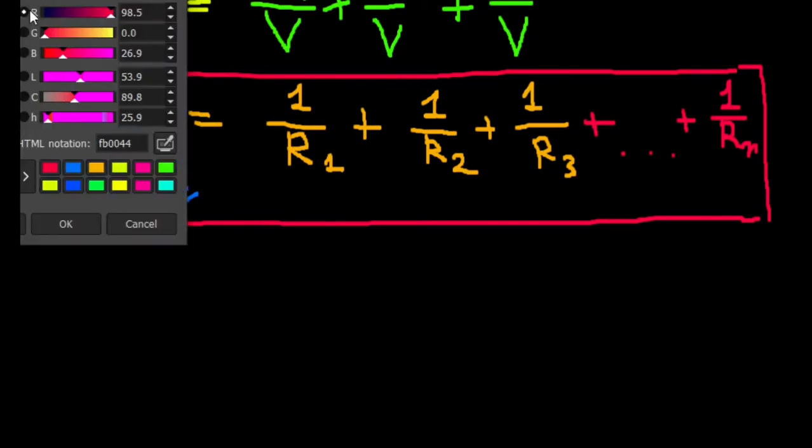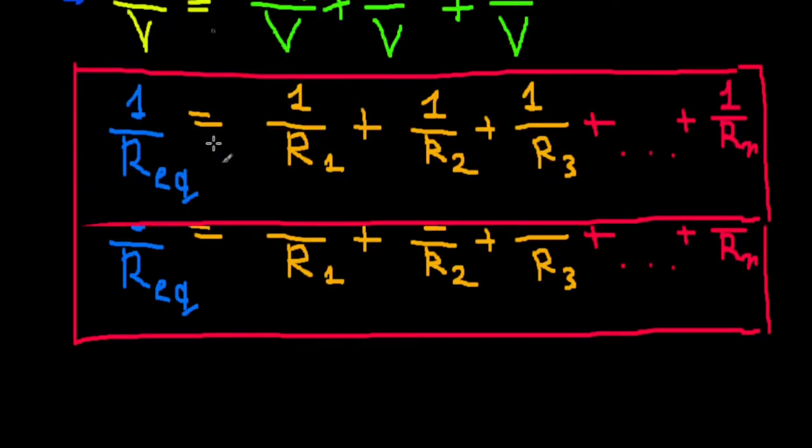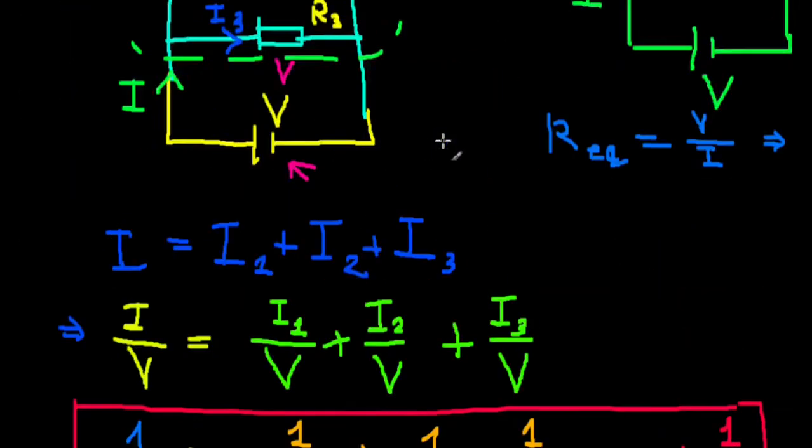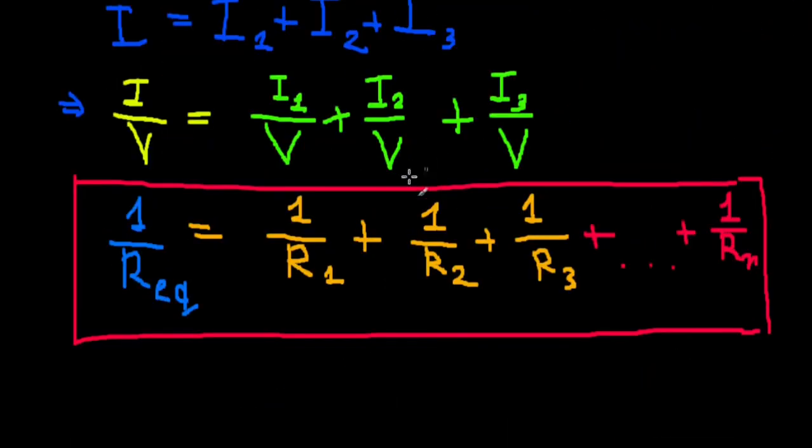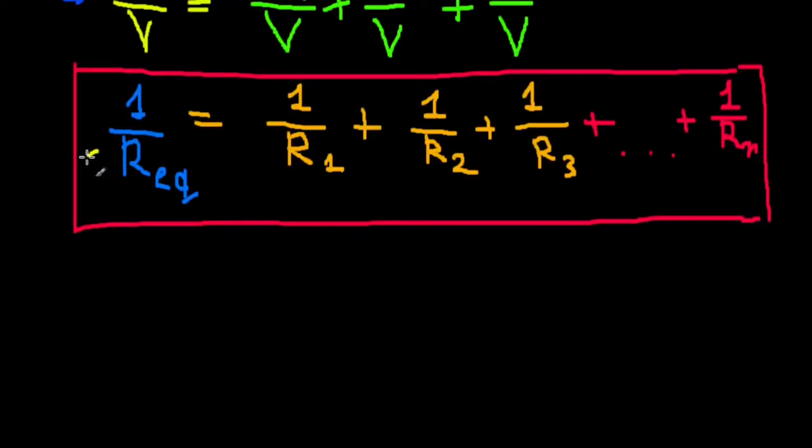When we are first learning about parallel resistors, this is something we really need to be careful about when we calculate the value. On the left side, it's the reciprocal of the equivalent resistance.